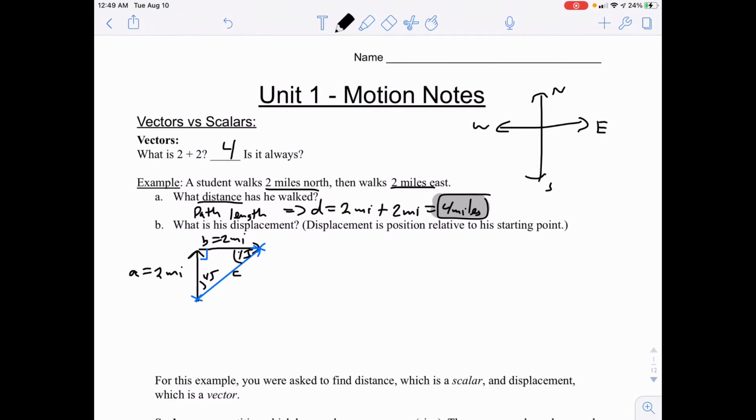And in a 45, 45, 90 triangle, we have a special relationship of 1, 1, square root of 2, or you could think about it as A, where A represents any number, like 2. And this would be A times the square root of 2. So that means C would be 2 times the square root of 2.